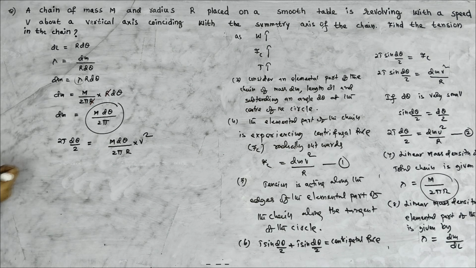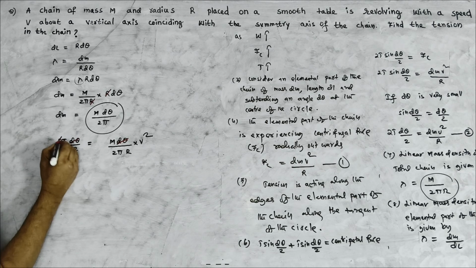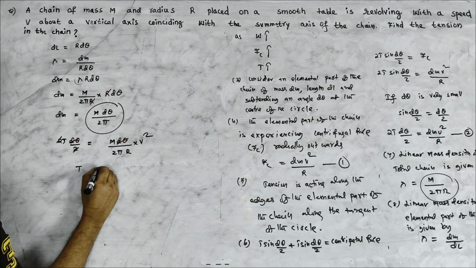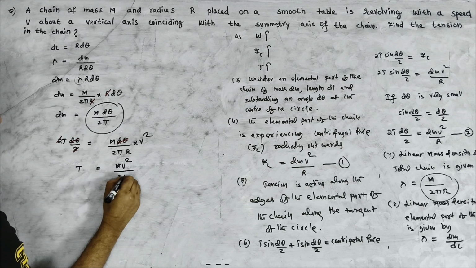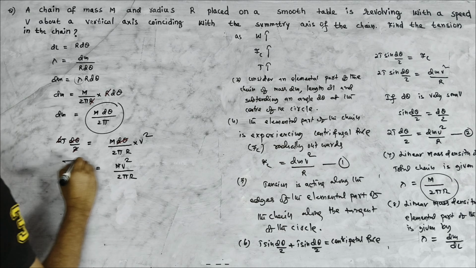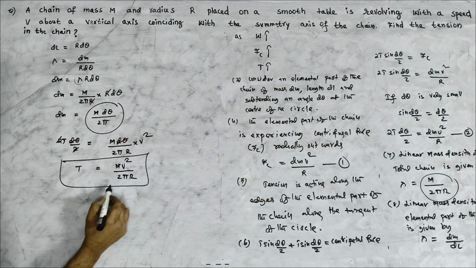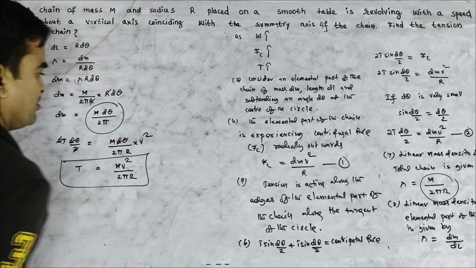D theta is cancelled, 2 and 2 are cancelled. Writing the remaining entity, T is equal to m v square upon 2 pi r. This will be the answer. That is, tension is equal to m v square by 2 pi r, and this is the answer for the given question. Thank you.